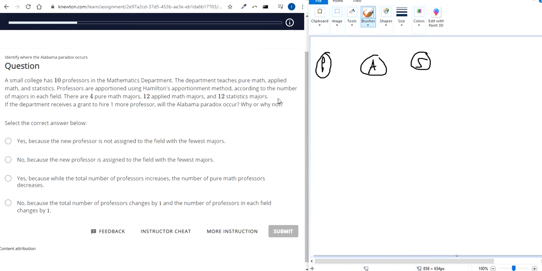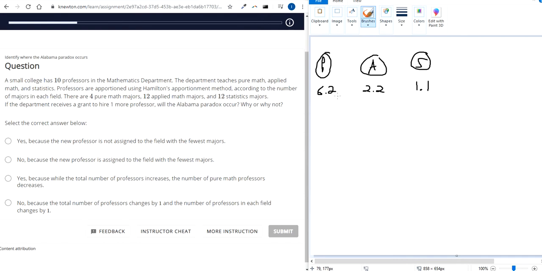Remember, the Hamilton method is where you use the decimals, and you first look at the integers. Like, let's say these professors got 6.2. I'm just making up numbers. We haven't actually done it yet. 2.2, and then 1.1. Okay, so if you look at the integers, 6, 2, 1, there's only 9 seats delegated right now.